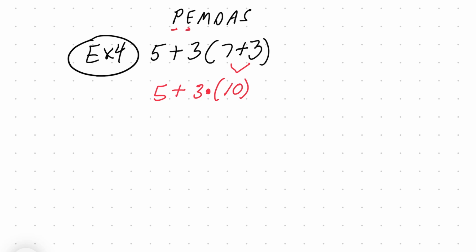You don't have any exponents. Multiply, divide. Yes, you do. 3 times 10 is 30. Add or subtract. Yes, we do have addition. So we add 5 plus 30 is 35. So that's your answer.